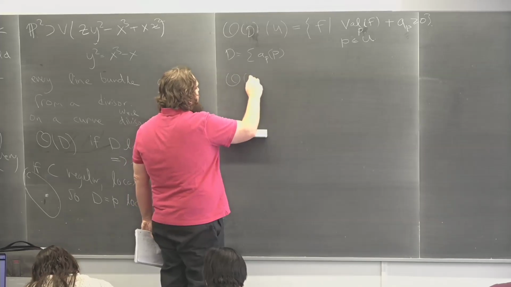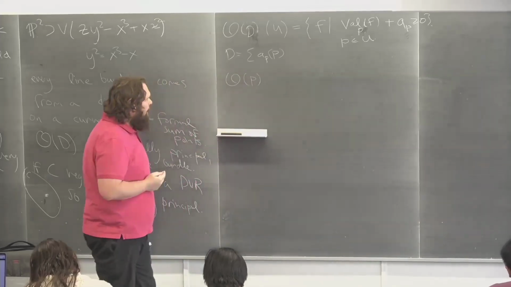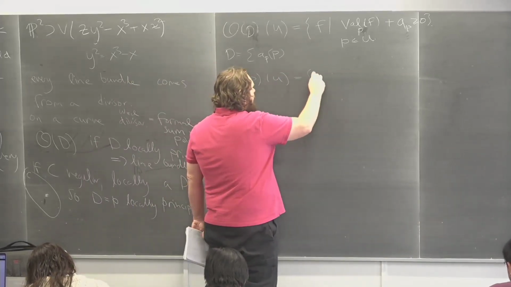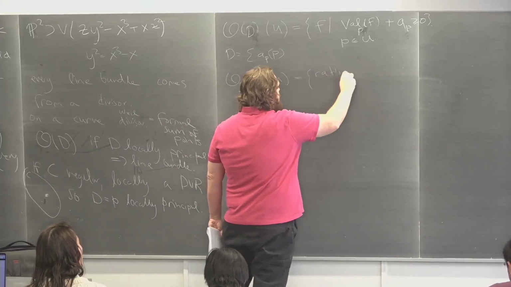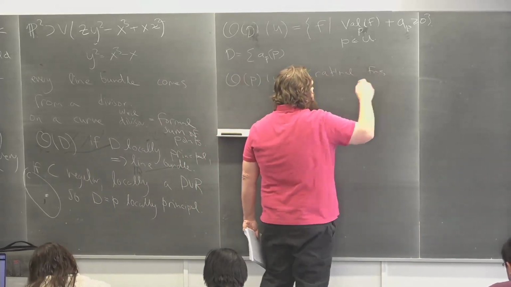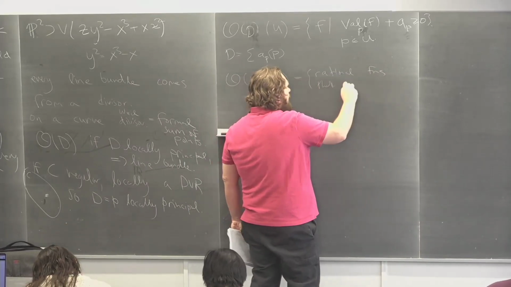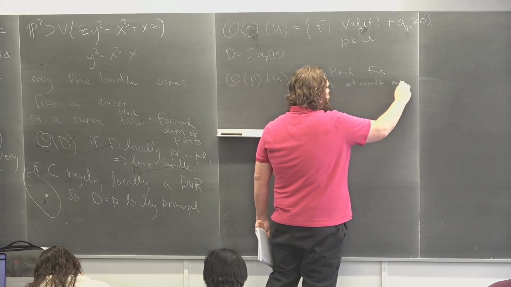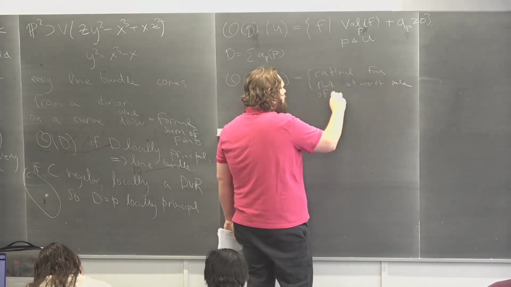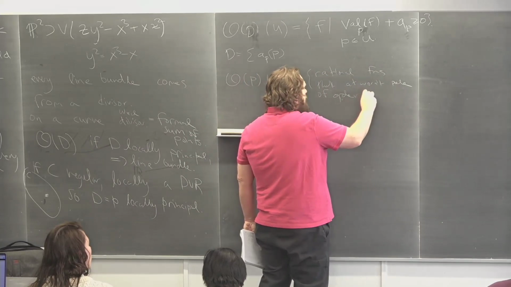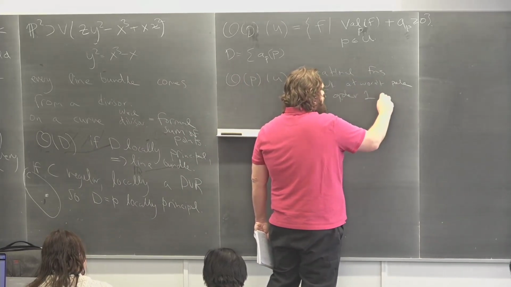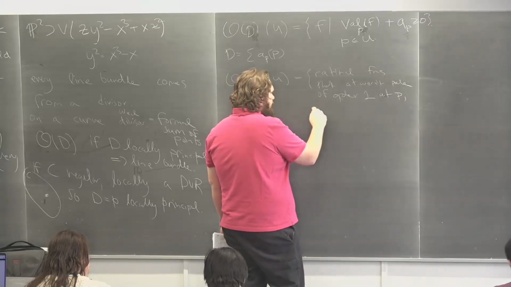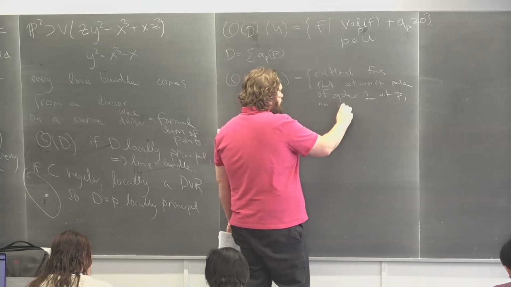So if I look at O of P, the way to think about sections of that is I can think of that as rational functions that have, at worst, a pole of order 1 at P, and no poles anywhere else.